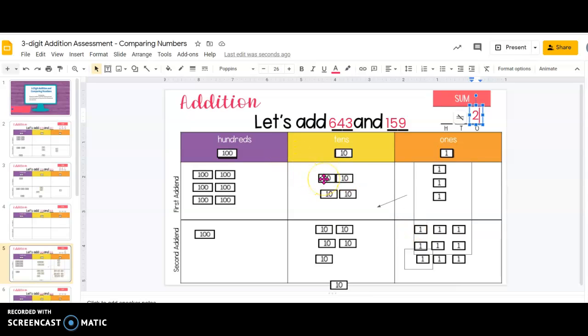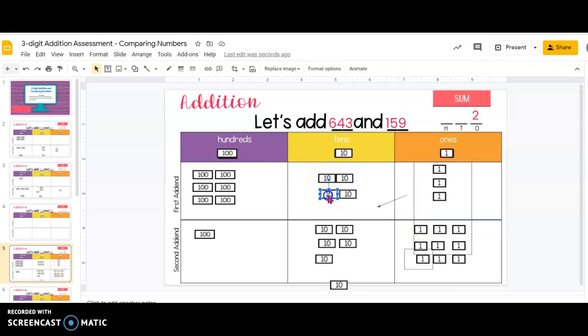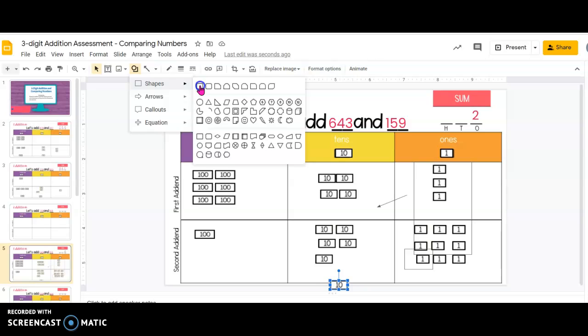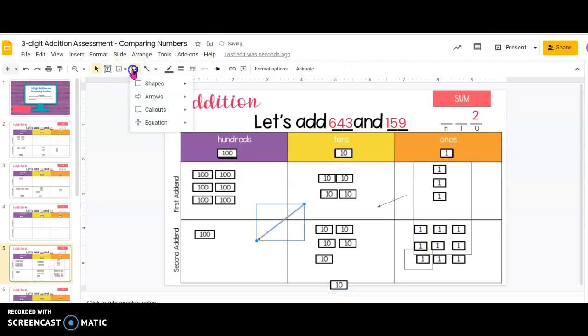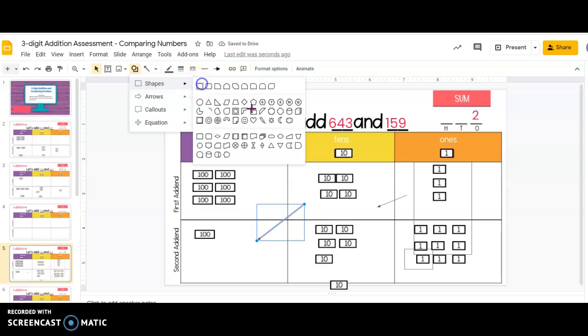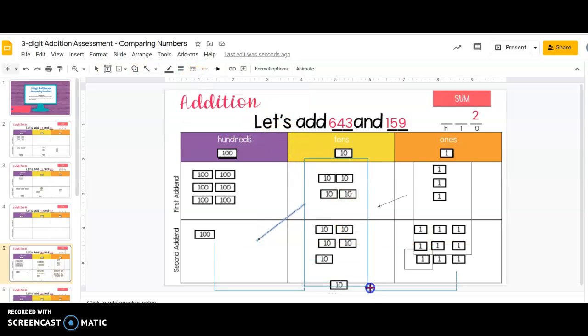Now I'm going to count the 10s. 1, 2, 3, 4, 5, 6, 7, 8, 9, 10. Miss Gonzalez, I have 10 tens. What does that mean if I have 10 tens? That means they are going to become 100 because 10 tens become 100. 10 tens represent 100.